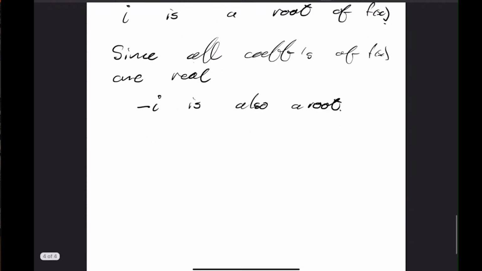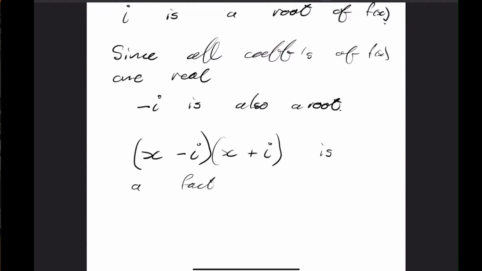Okay, so that means that the following polynomial is a factor of f of x. And we've already factorized this factor, so we need the other factor. So now we need to perform long division. So let us expand this polynomial.